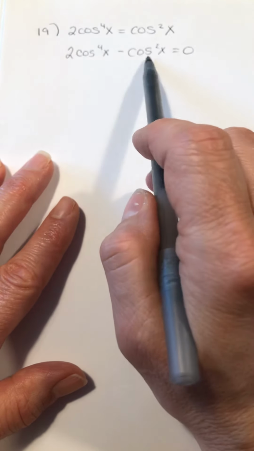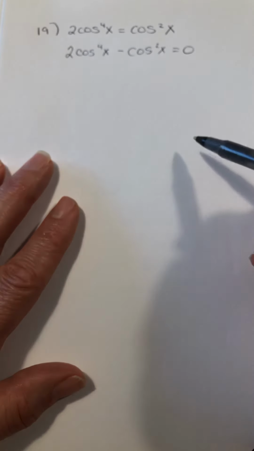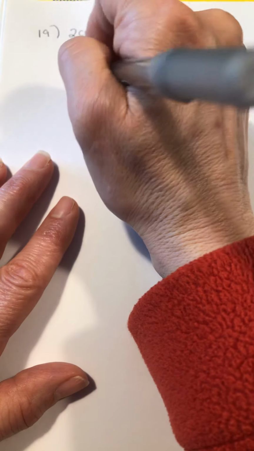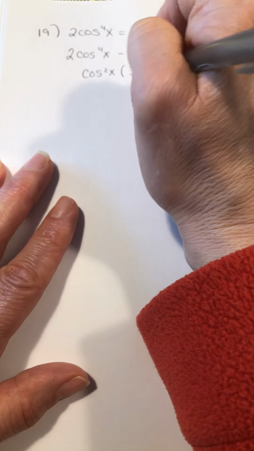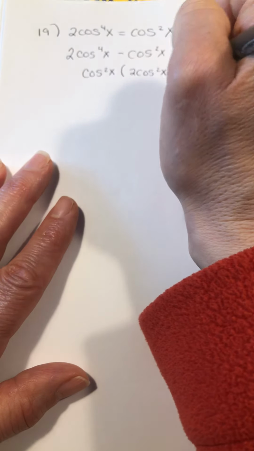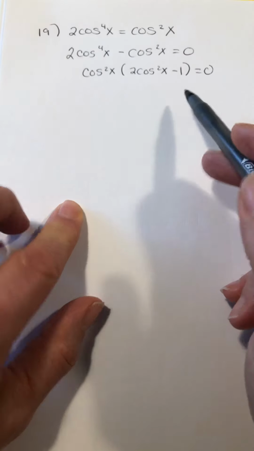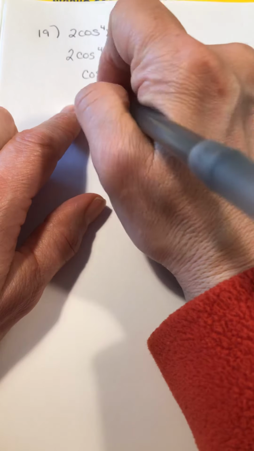Notice how there's a cosine in both terms here. We can factor out a GCF. So if we factor out a cosine squared of x, that gives us 2 cosine squared of x minus 1 equals 0. Now that we're factored, we can set both factors equal to 0 using our zero product property.